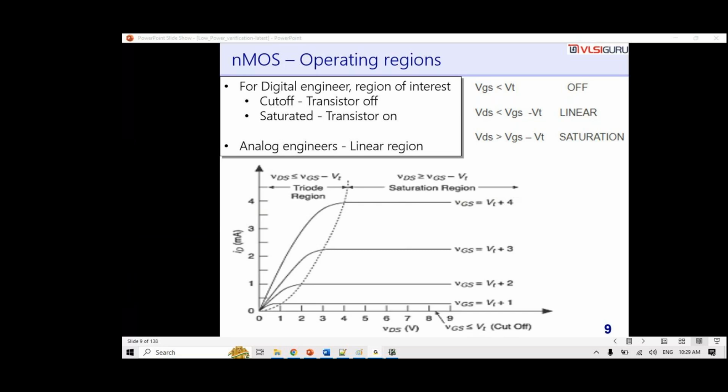But as you reduce it below this point, if you reduce a little further, it will lead to reduced current. Which technique can be used for that? It can be used for adaptive voltage scaling. As you reduce the drain to source voltage, it can lead to lower power consumption.